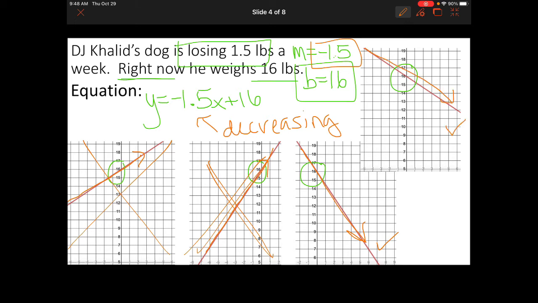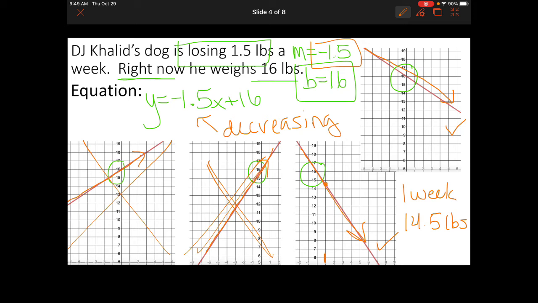That's good. The last thing we want to look at is after 1 week, he should have lost 1.5 pounds. So in 1 week, he should be 14.5 pounds. And let's see where that happens. This is at 1 week. So we're going to look. Here's the point.